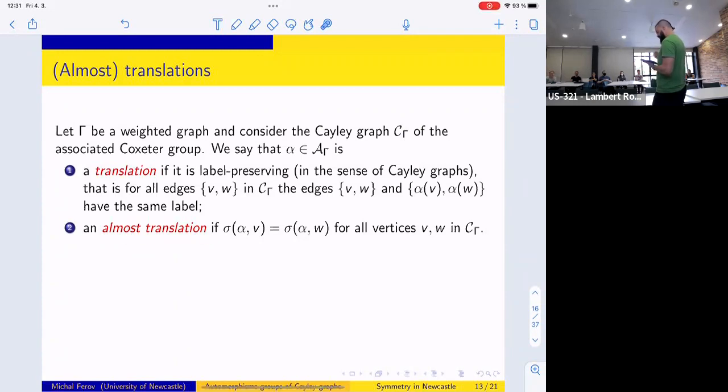And an almost translation, if it's a translation modulo turning around somewhere. So basically, the local action is constant. It does not necessarily have to be identity. So I do a move, but I do the move everywhere in the same way.